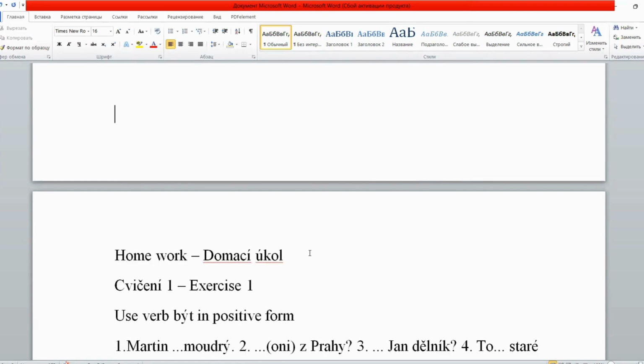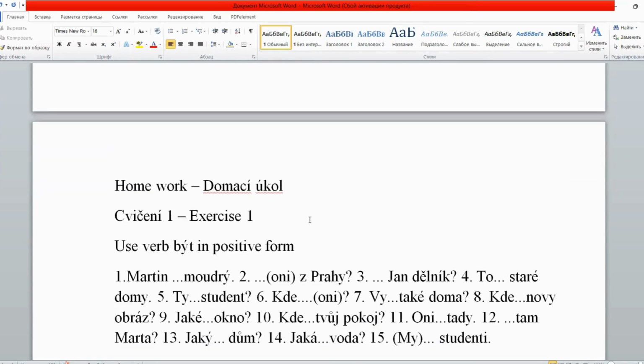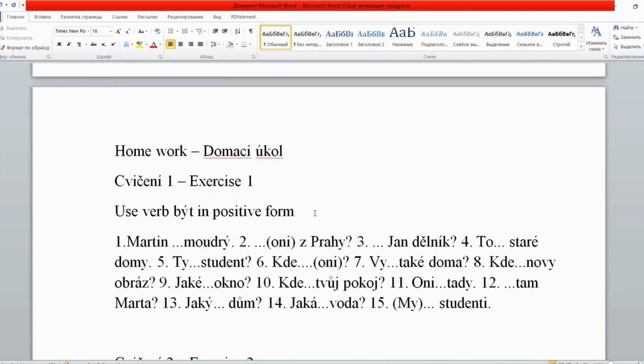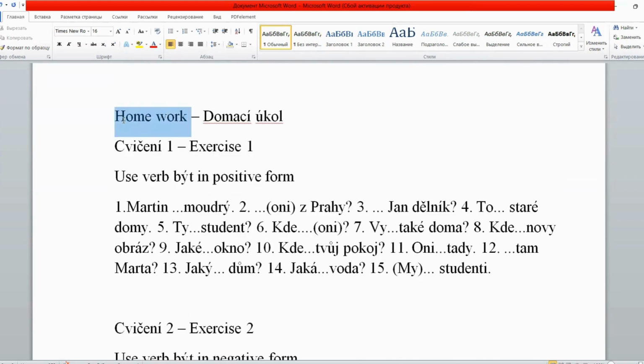In each lesson, you will have homework that you must practice. Homework in the Czech language is domácí úkol. Pay attention. Domácí úkol. Repeat after me. Domácí úkol. Exercise in the Czech language is cvičení.